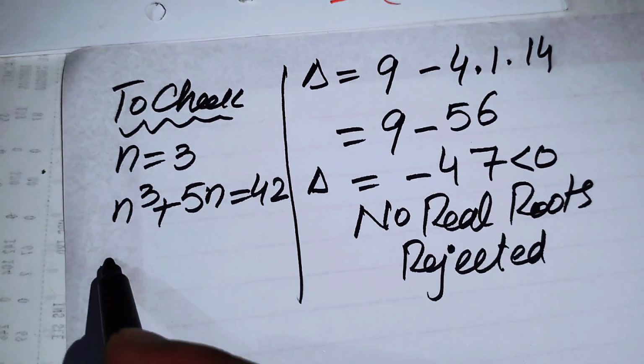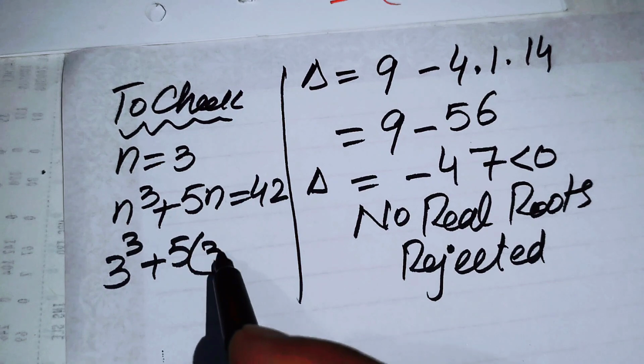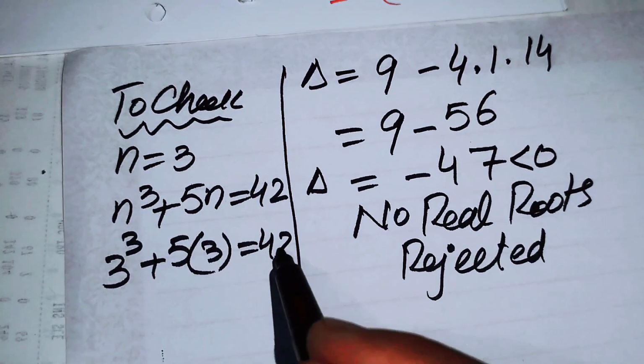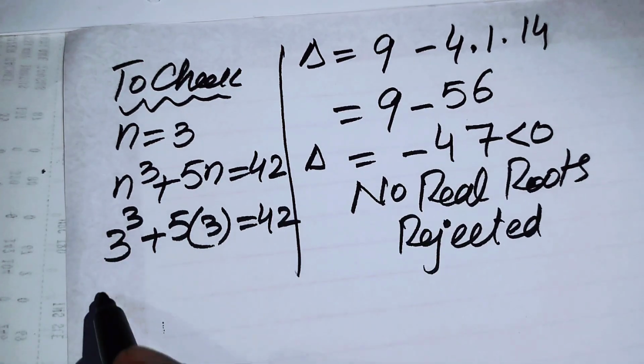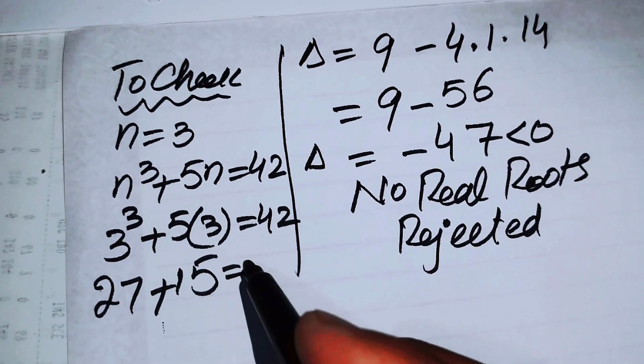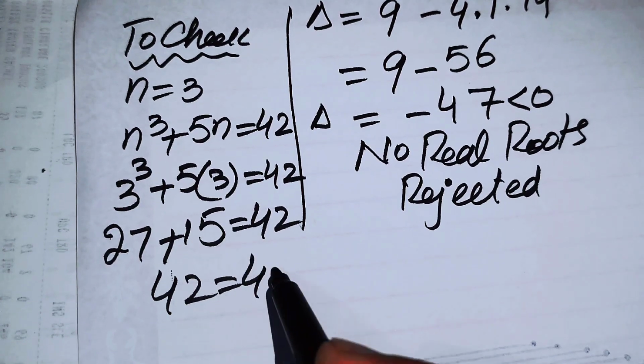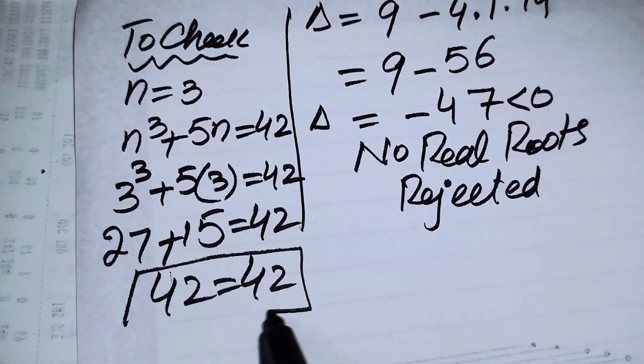So you put it here, and it becomes 3 cubed plus 5 times 3 is equal to 42, and 3 cubed is 27, and 5 times 3 is 15, 27 plus 15 is equal to 42, and it becomes 42 is equal to 42.